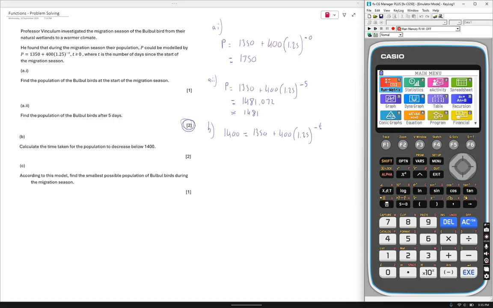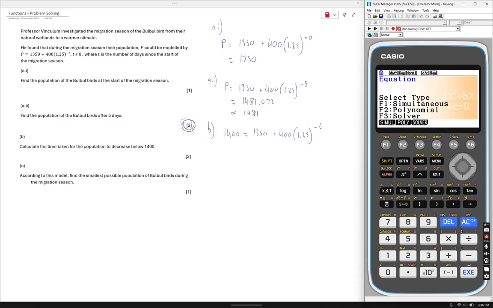So let's go to my equation and let's go solver. Type this equation in.